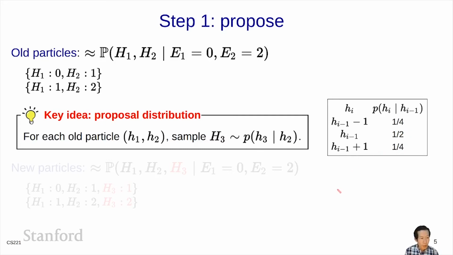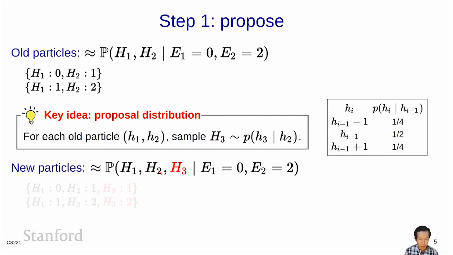So that is going to produce these extended particles conditioned on the same evidence. So for example, I'm going to take 0, 1. Now that will produce this particle with probability 1/2, because I'm just keeping the value the same here.